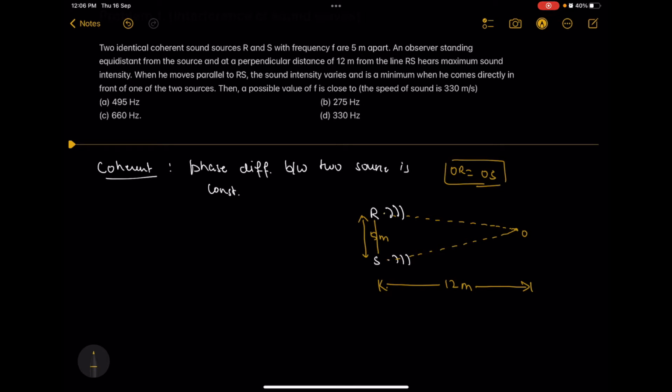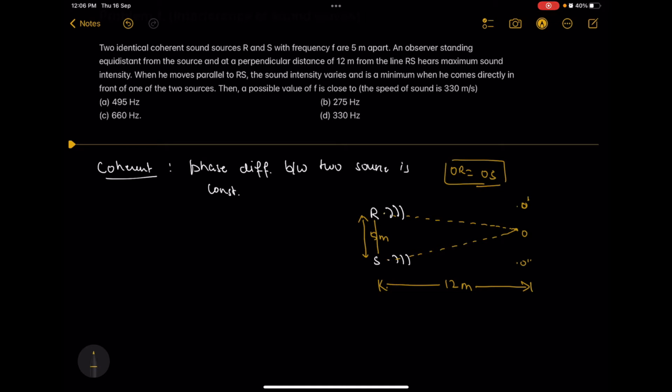And it says that as O moves parallel to RS in front of either of the two sources, let's say its position is O dash, which is in front of R, or O double dash, which is in front of S, there is a minima.